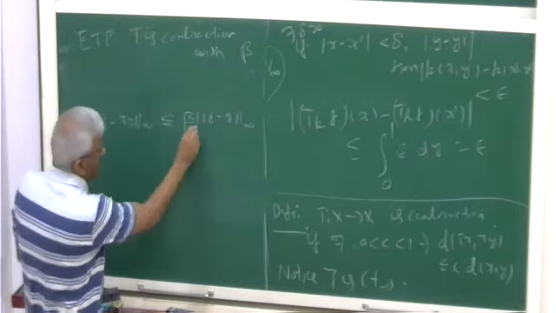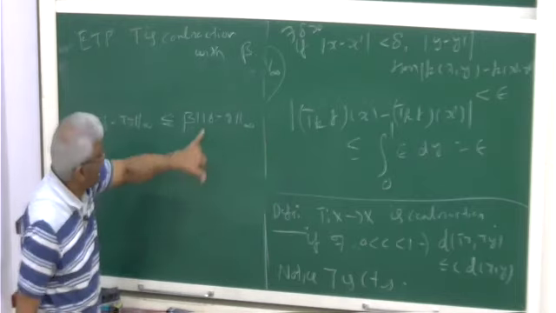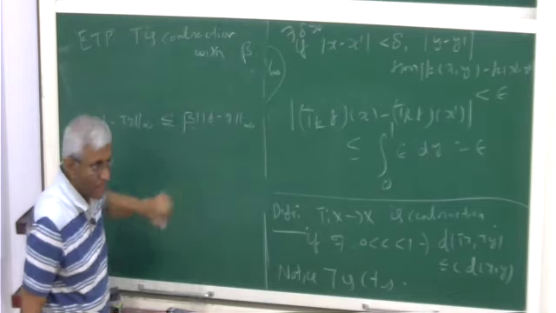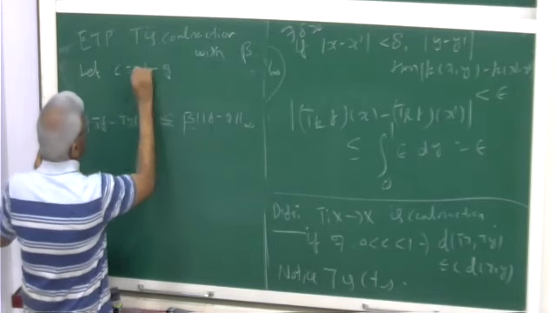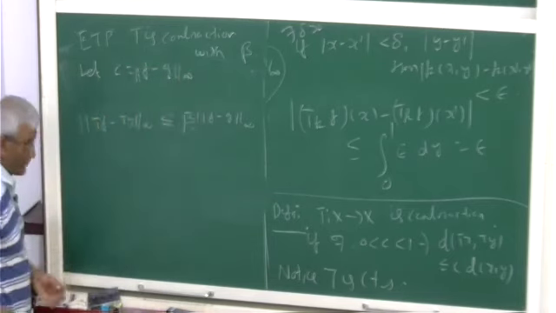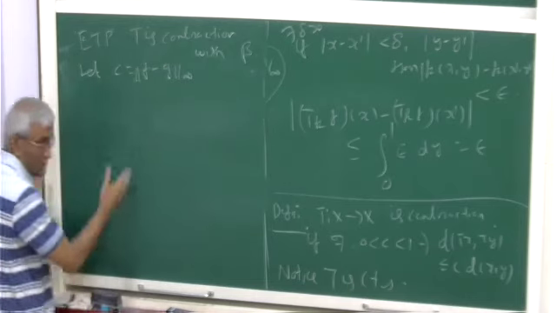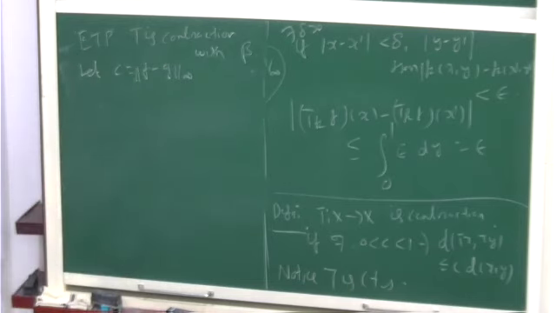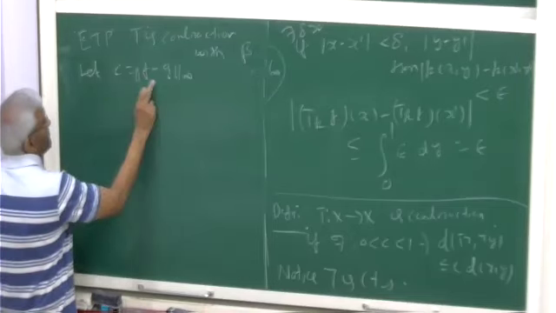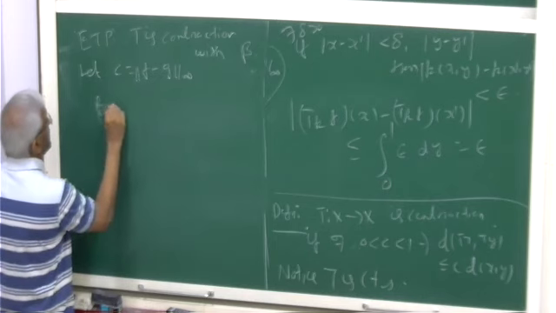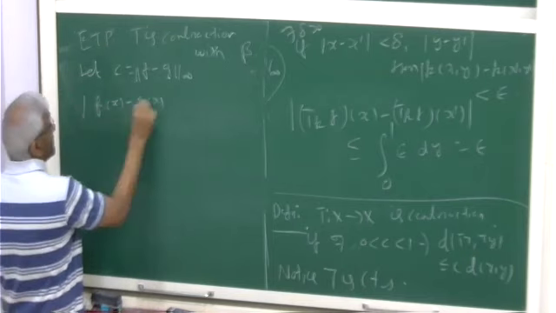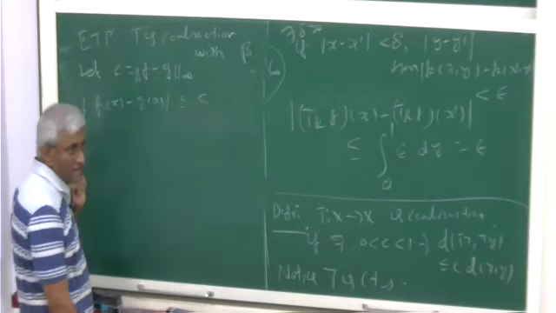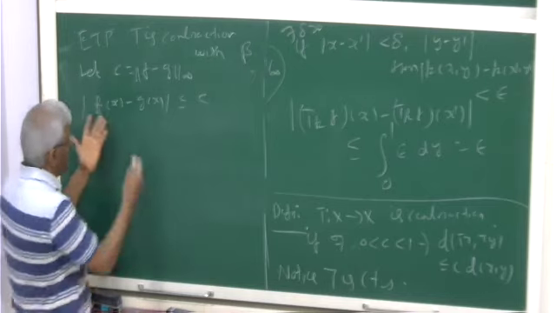To prove that, we have some condition with beta times c, and that c we take to be the norm of f minus g infinity. Let c equal norm of f minus g infinity. Then f minus g infinity means what? The modulus of f of x minus g of x is less than or equal to c, for all x.